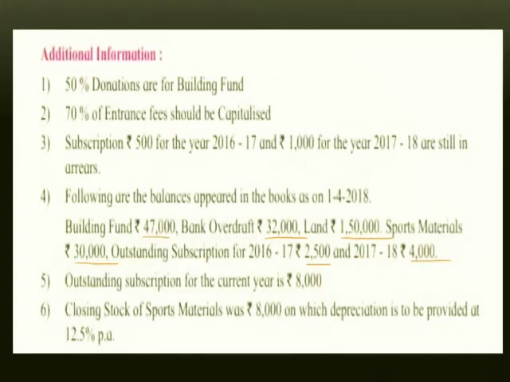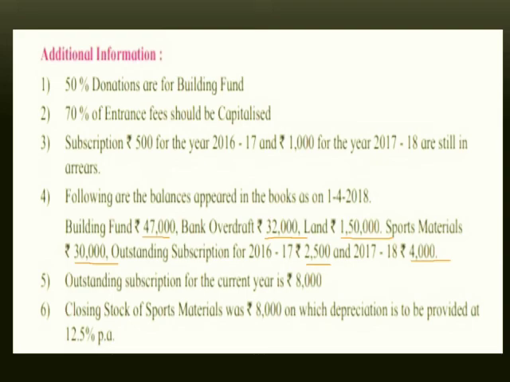Now the main adjustment, fourth: the following are the balances appearing in the books as on 1st April 2018. As I already told you, this adjustment is given just to find out the capital fund. Building fund is given, bank overdraft, land, sports material, outstanding subscription. Now what will we do?